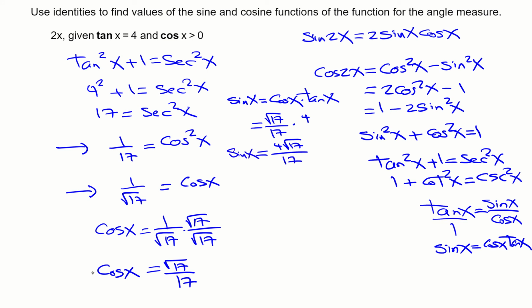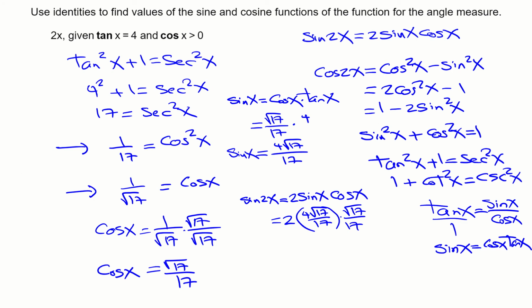That's sine x. So now we have everything we need in order to find both sine 2x as well as cosine 2x. So for sine 2x, we need 2 times sine x times cosine x. So it's going to be 2 times 4 radical 17 over 17 times the cosine of x, which is square root of 17 over 17.